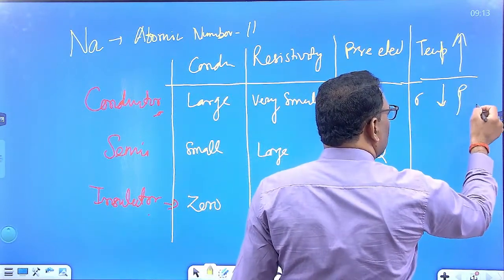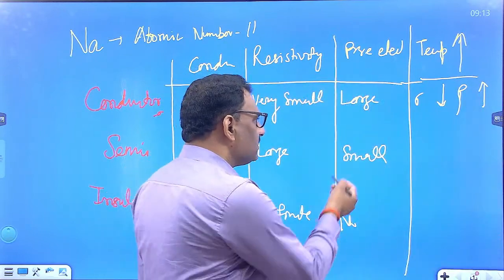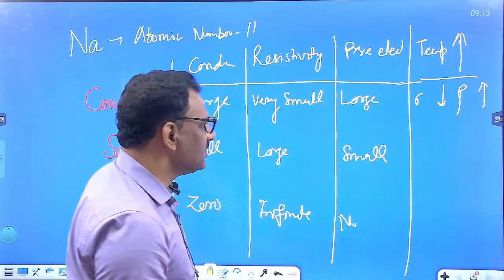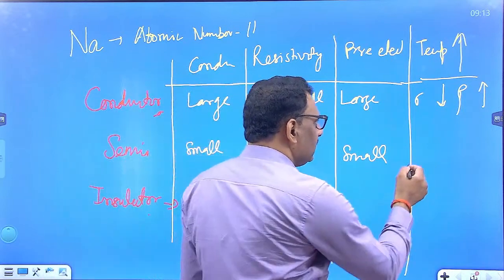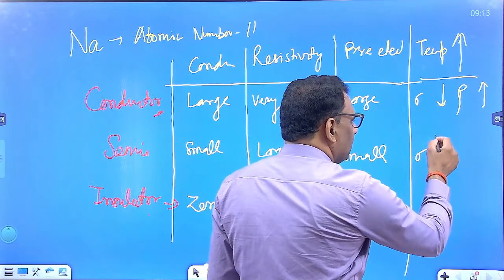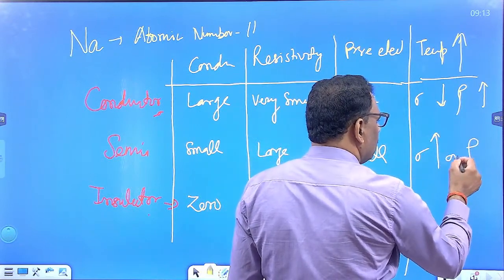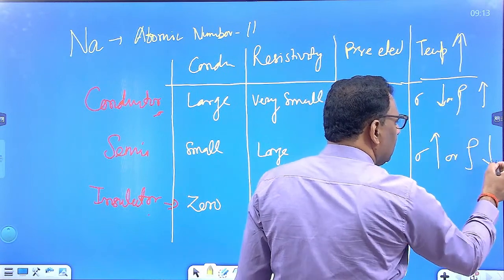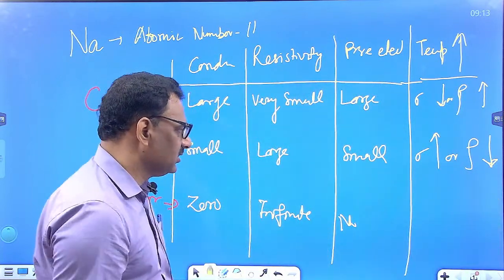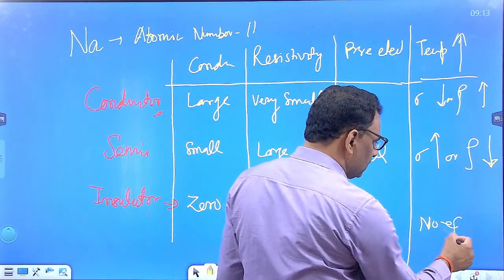And what happens in the semiconductor? Sigma will increase, and rho will decrease, and there is no effect on the insulator.